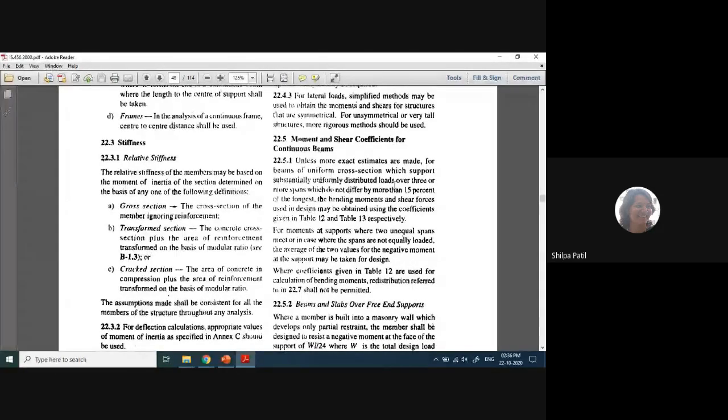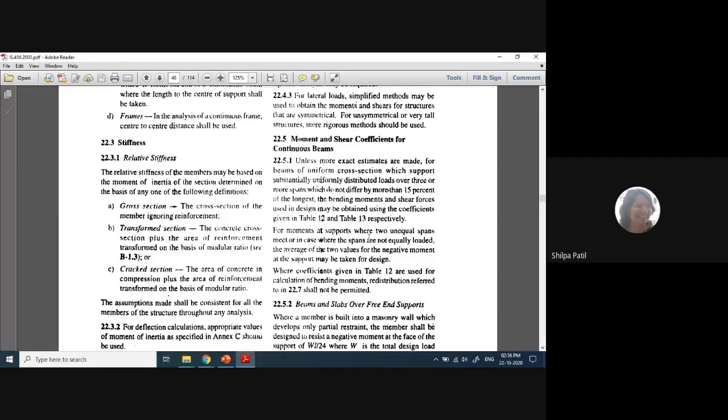If all these three criteria are satisfied, we can make use of this empirical method. Otherwise, we have to go for the elastic method only, that is, the moment distribution method, three moment area, or slope deflection, whichever is suitable or whichever you feel is easy, and do the analysis and find the moments. Okay, is it clear?